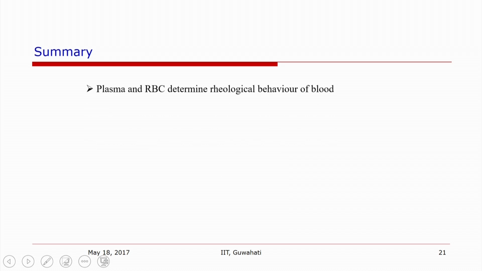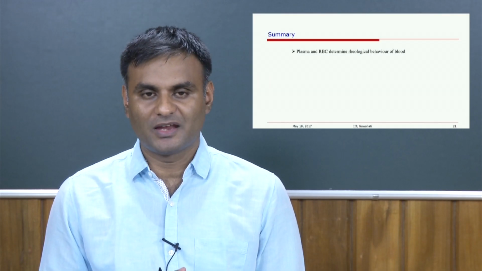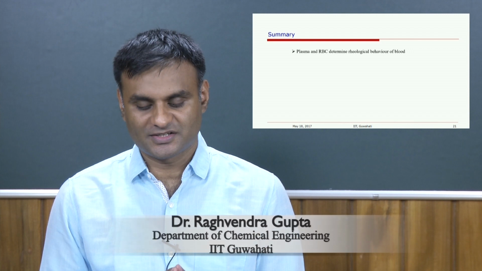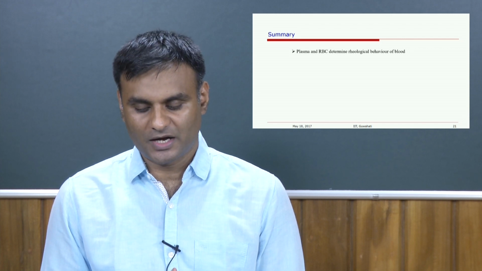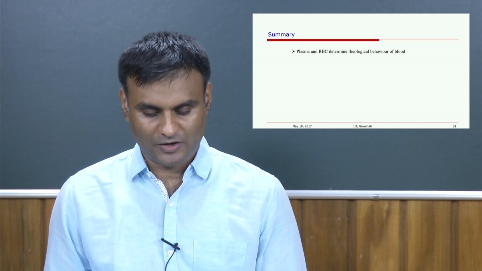So in summary, what we have studied in this lecture is that the viscosity of plasma, the components of plasma, the mechanical properties and concentration of red blood cells, which is also known as hematocrit, are major determinants of the rheological behavior of blood.